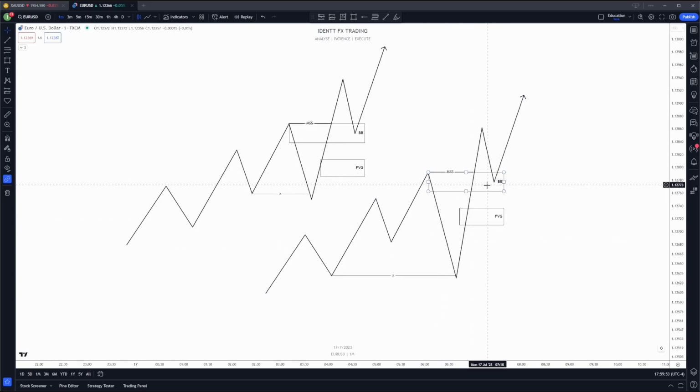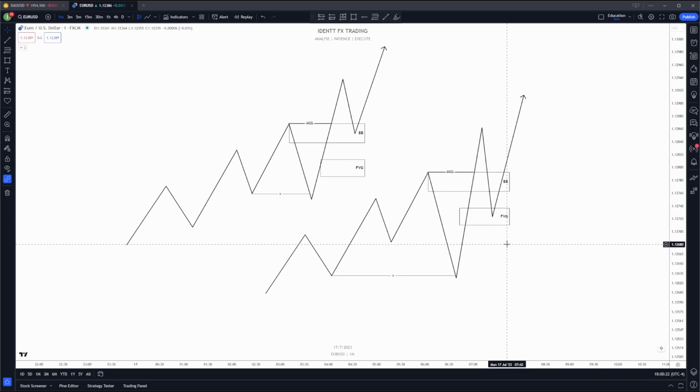We then tap either into a breaker block or into an FVG, something like that, and then take a continuation trade upwards. Now, other than all of the required confluences being there, so we have a sweep of liquidity, we have displacement, we have a market structure shift, and we are trading pro trend, you will also be able to catch trades in premium and discount zones and stack your own confluences.